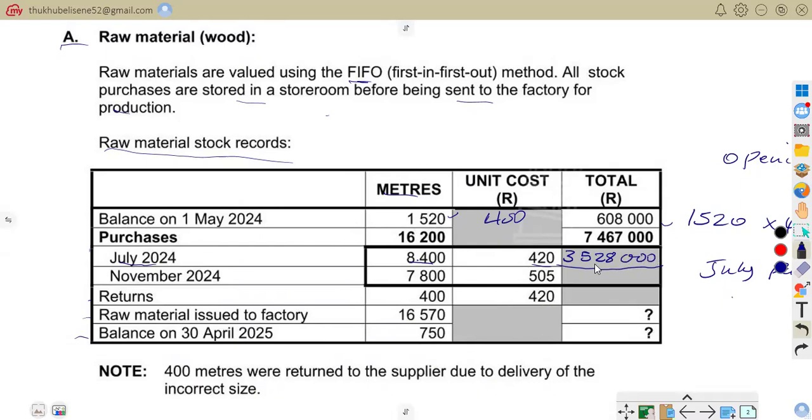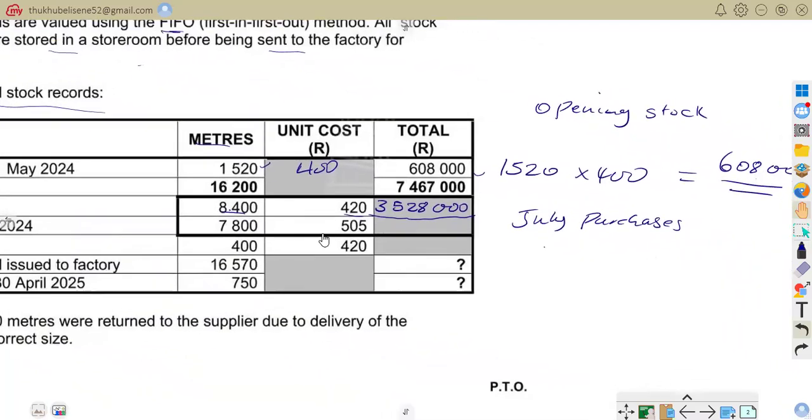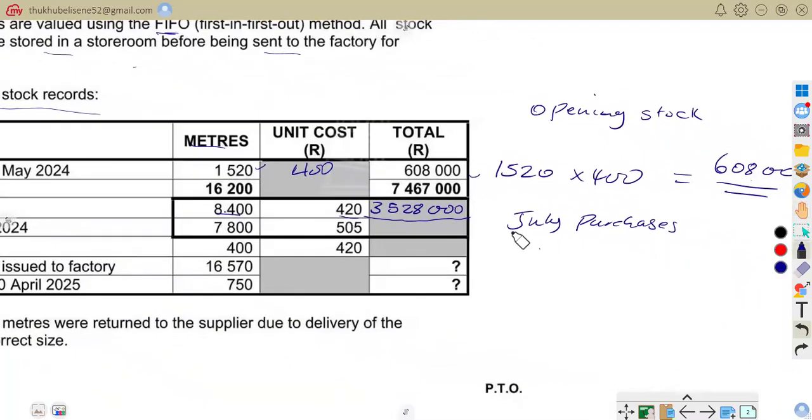This is what we are going to get as our July purchases. So hope we are together on that. So on July purchases, we are going to have 8,400 multiplied by 420, and this will give us 3,528,000.